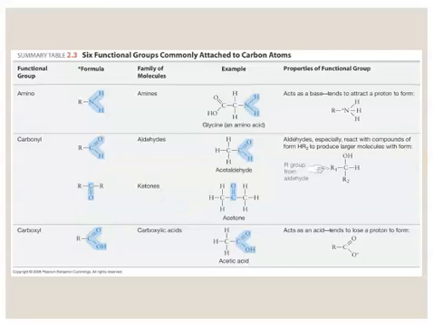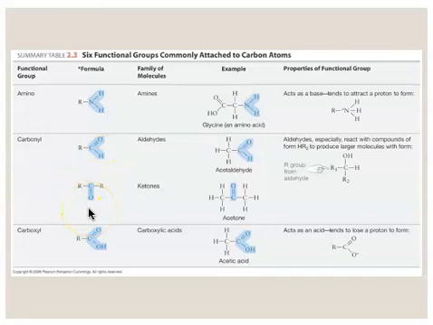The first functional group to know is the amino group again. An amino group is composed of a nitrogen and 2 hydrogens. Next on the list is the carbonyl group. A carbonyl group can actually take 2 different forms. It depends whether or not it's occurring at the end of a molecule or somewhere in the middle.